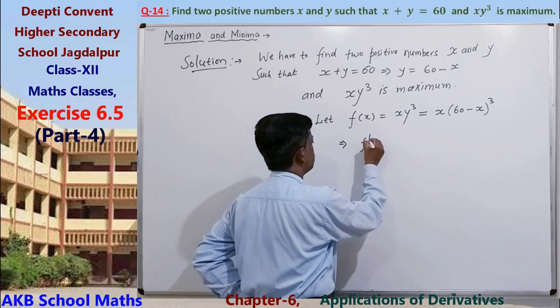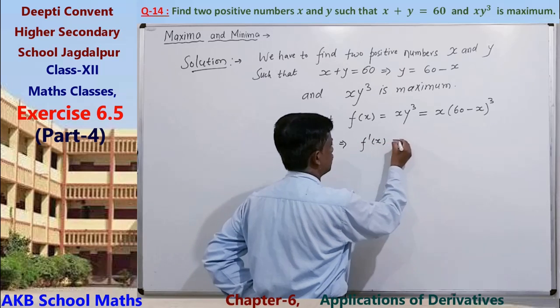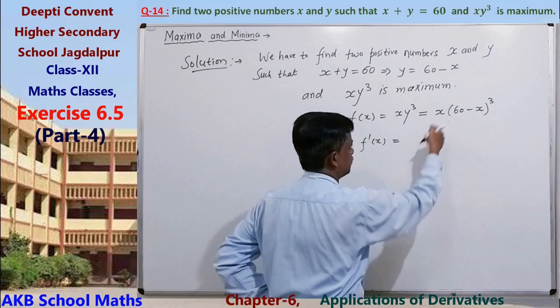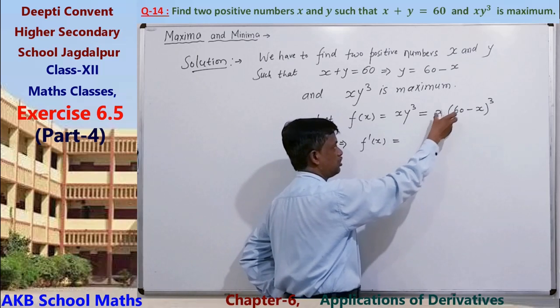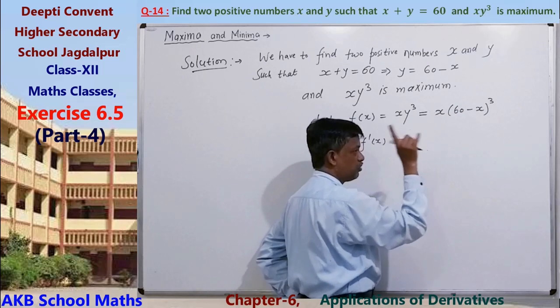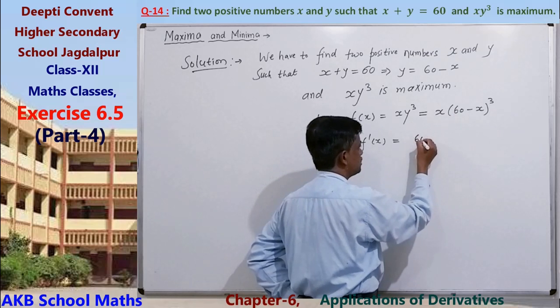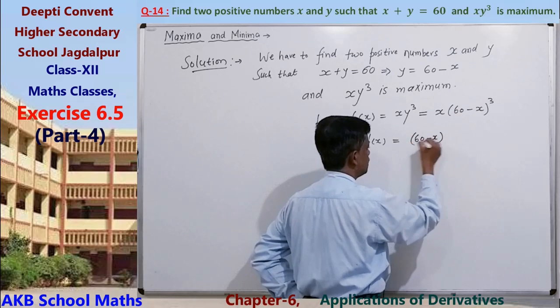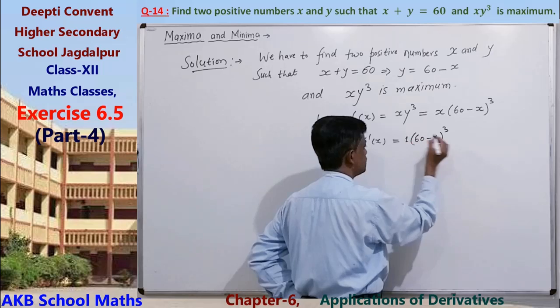So here differentiate the first time. Differentiate this product of two functions. So this is the first function, derivative of the first function is 1, second is (60 minus x)³. 1 into this.